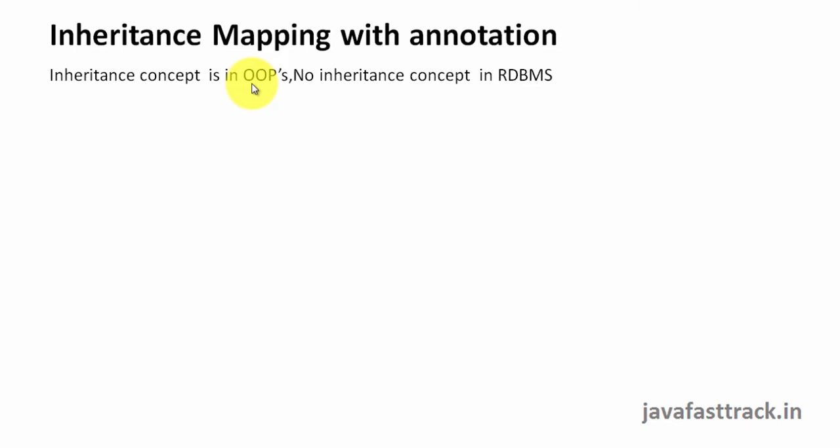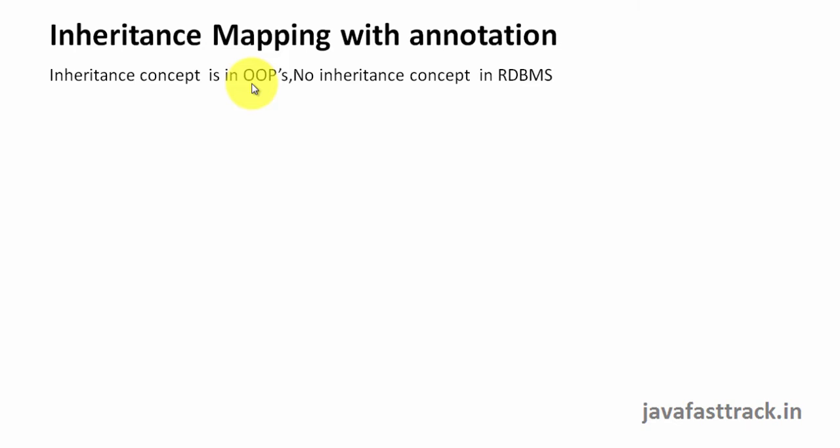So what are you going to do now? In Java, you often have classes which inherit from some other class. So you'll have data which is available in the superclass, and then you'll have data which is available in the subclasses also. How are you going to store this data in the database?